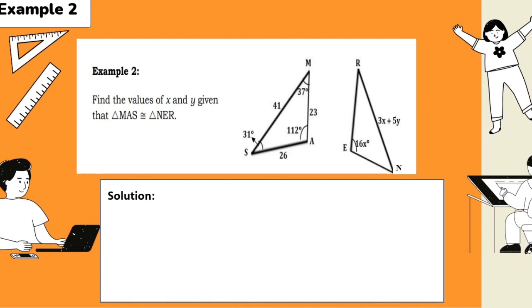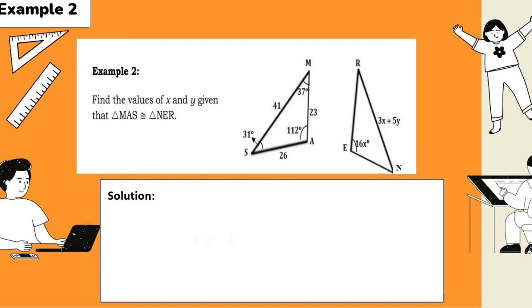For the second example, let us find the values of x and y, given that triangle MAS is congruent with triangle NER. On the right part of the slide, we can see 2 figures. The first triangle is the MAS, and the second figure is the NER.